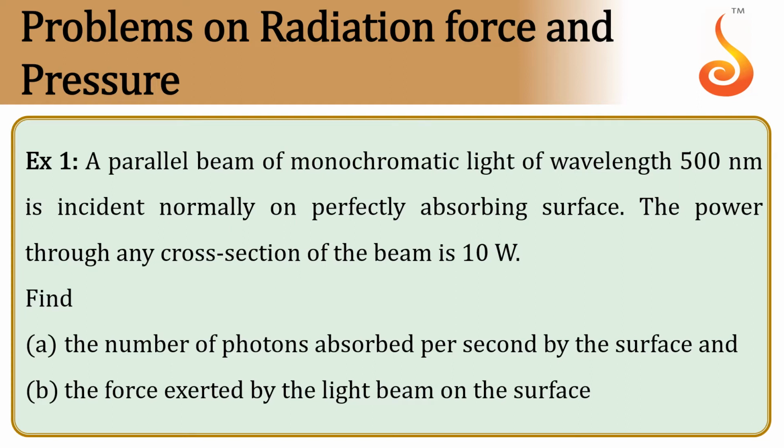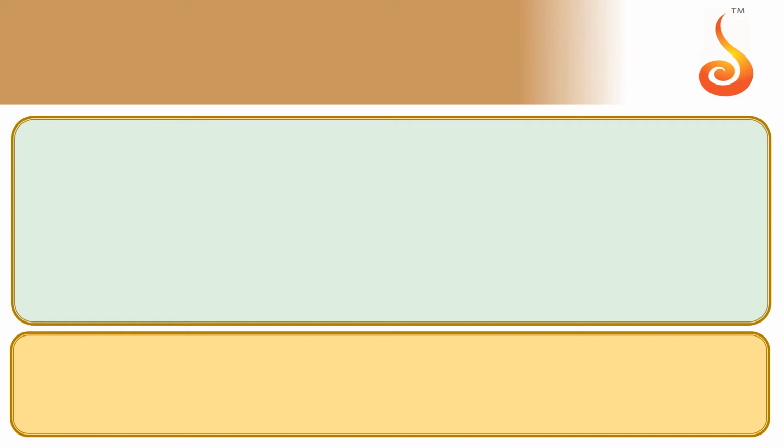Let us calculate. Since the wavelength of the light is given, which is 500 nanometer, therefore 5 into 10 power minus 7 meter, and the power of the light is also given, which is 10 watt, means 10 joules per second.